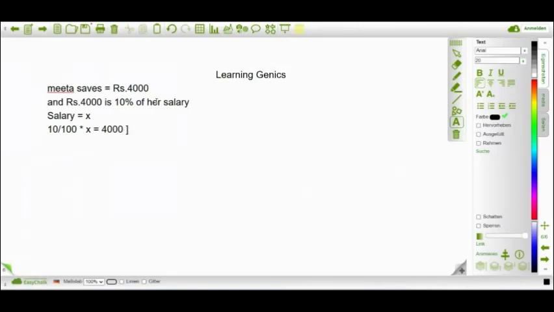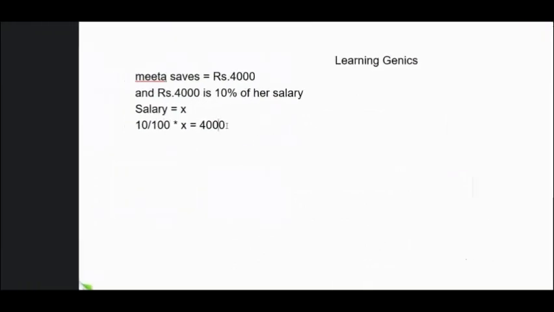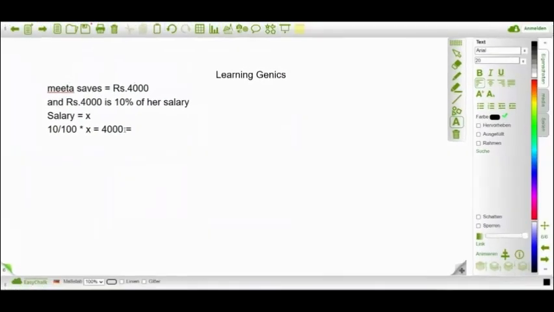If we cancel the zeros, we can cancel this zero, this zero, and this zero, which will give us x upon 10 equals 4,000.